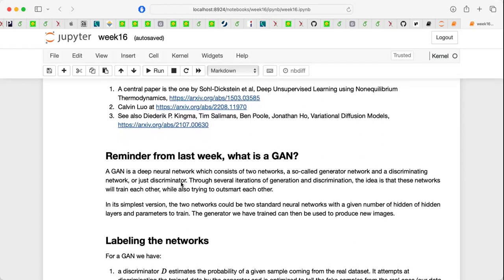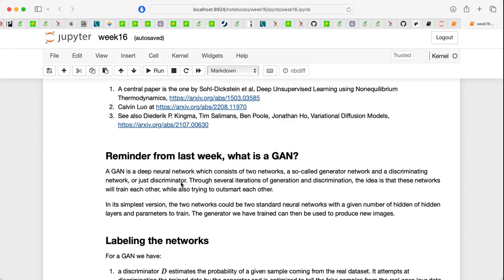And through several iterations of generation and discrimination, as a competition between the two, the generator can be viewed as a neural network or a deep learning method which is trying to generate copies of a set of input data which it is trained against.